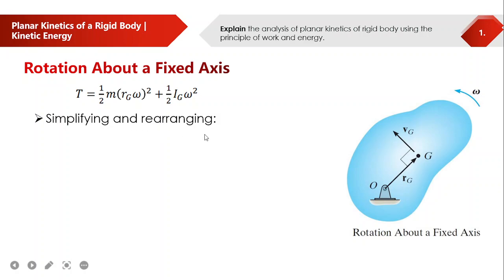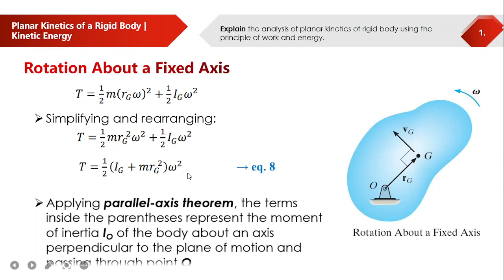Now, simplifying and rearranging, so after we substitute the value of the V, nagamit yung angular velocity, so that will be 1/2, no? Pinactor out lang natin yung angular velocity, di ba? So that will be 1/2 times I sub G plus M R sub G squared times the omega squared.